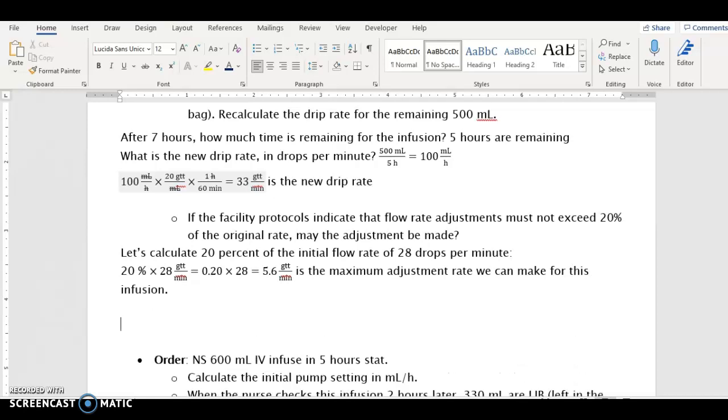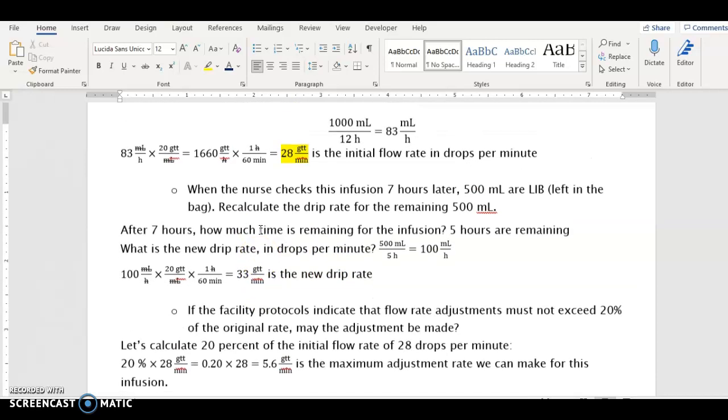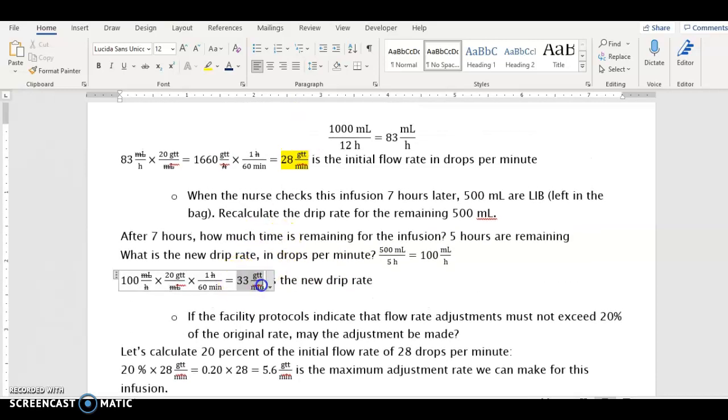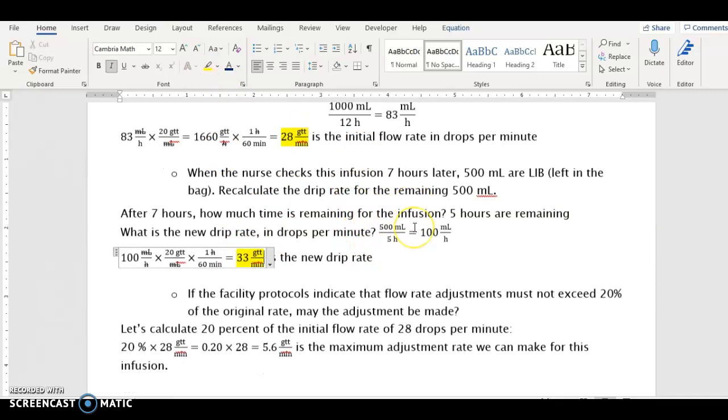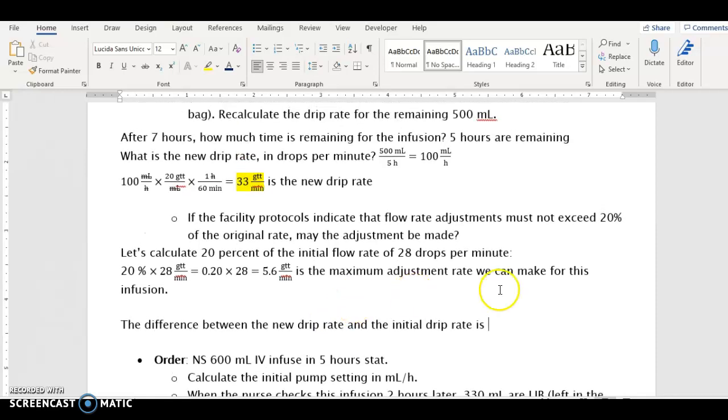Now let's calculate the difference between the new drip rate and the old drip rate. The new drip rate to complete the infusion ended up being 33 drops a minute. So the difference between the new drip rate and the initial drip rate is 33 minus 28.